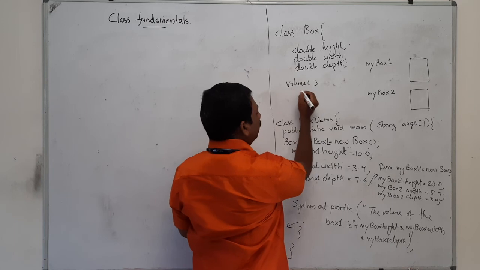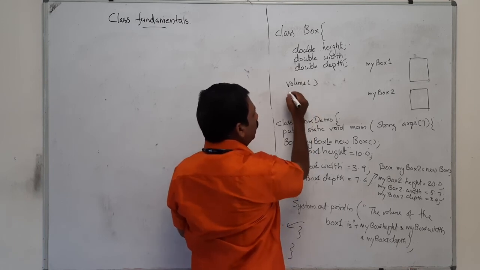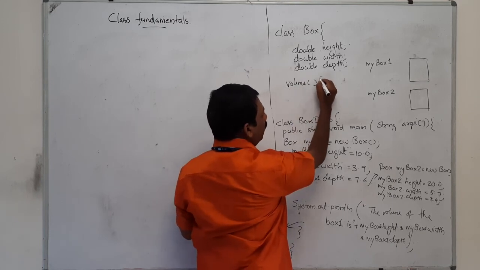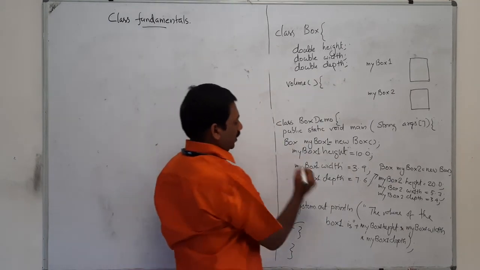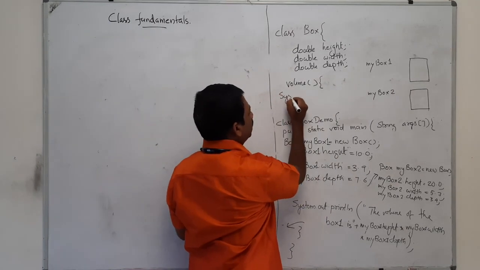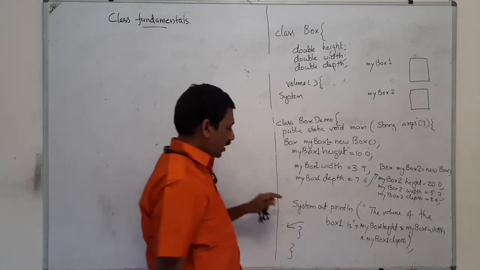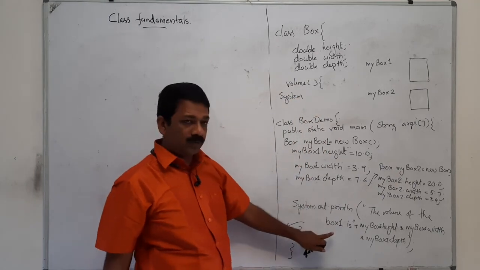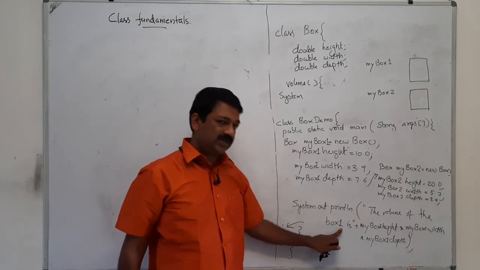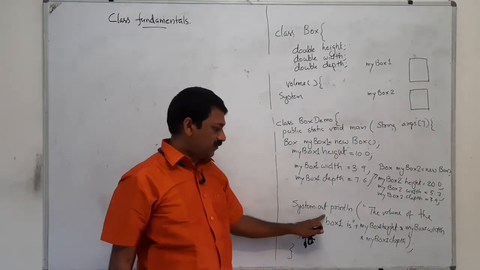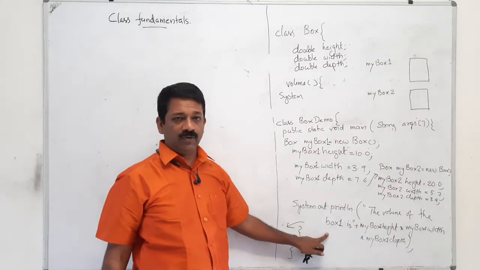And here, what does this volume do? The body of this volume method is System.out.println. Here we have two System.out.println, one for printing the volume of the first box and the other for the volume of the second box.